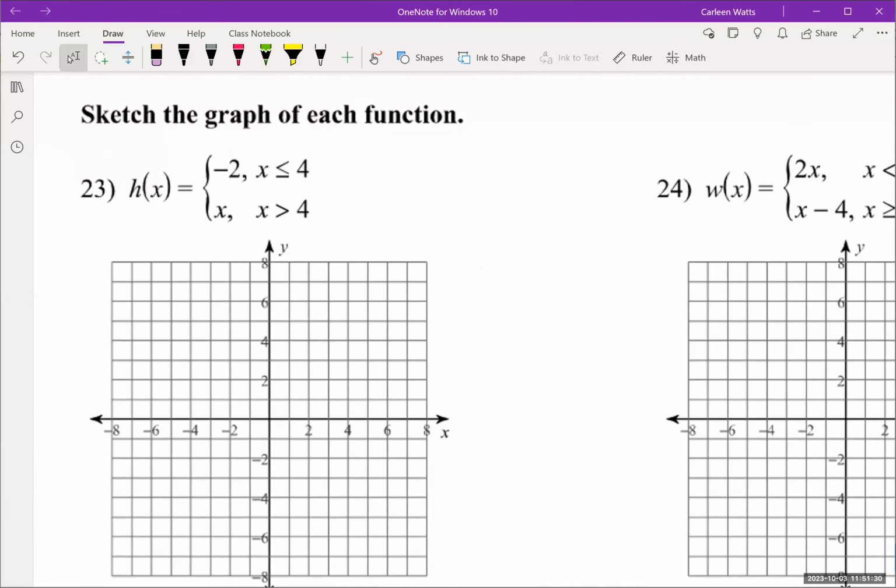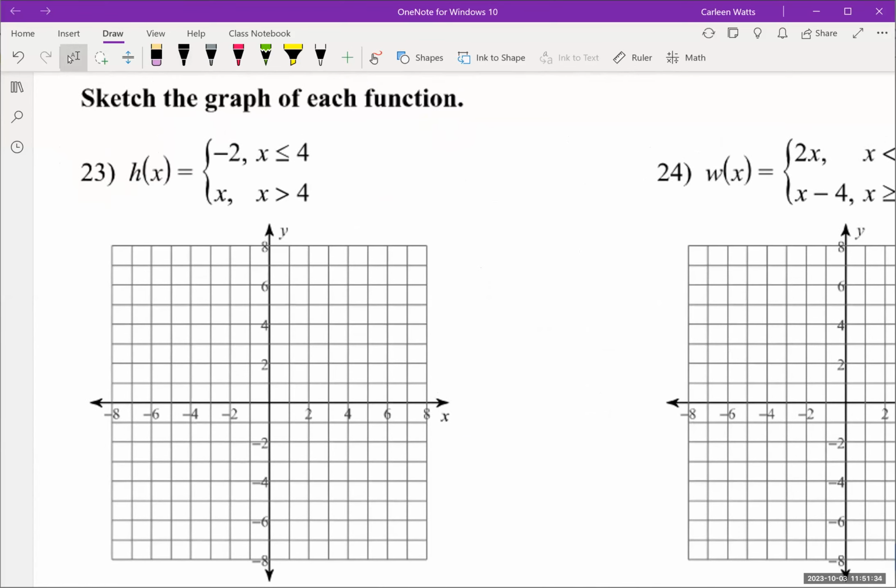I realize that we are super late and some of you need to go, but we're gonna do the piecewise functions. So we're gonna replace this with y equals. So we have y equals -2 and y equals x. We're gonna make a table.